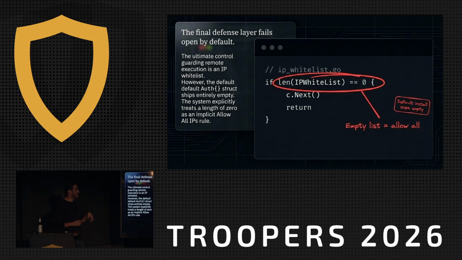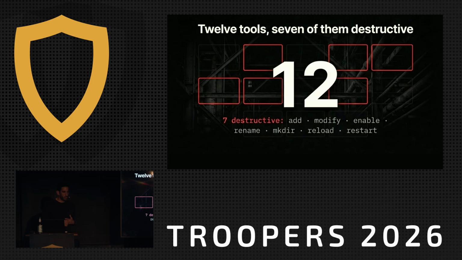But the problem here is that if you keep that list empty, which is the default, because you don't know what to define there, then it fails open, meaning that an empty list means everything is allowed. So for everyone running the default configuration, that safe mechanism was also bypassed. And again, we just walked right through.